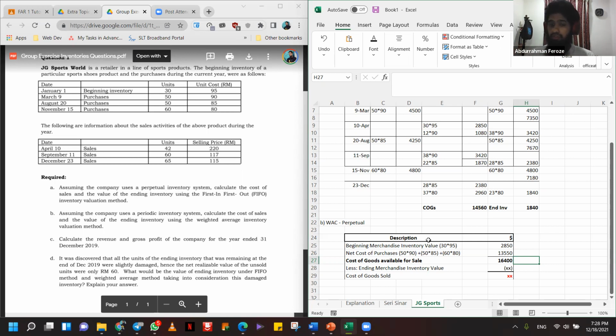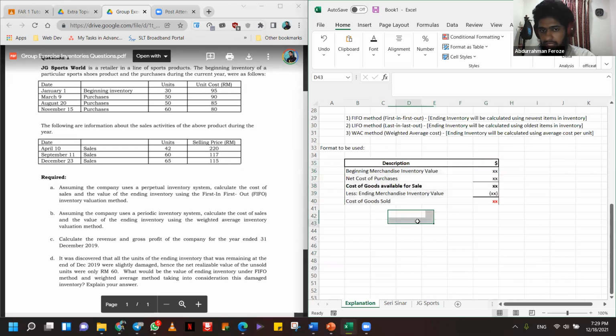This is periodic, my bad. For periodic inventory systems, this step will be the same. The beginning inventory value is the same, the cost of purchases is the same, and the cost of goods available for sale is the same, right? The difference is what we add here, right?